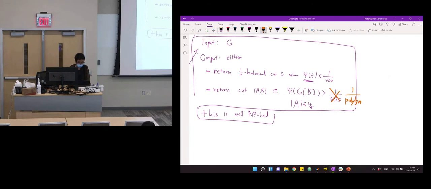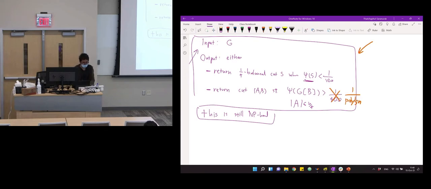Do you see that? Suppose that you are given this subroutine, then you are done. The reason is that as long as the algorithm returns the first case, you keep using that cut, but it's not going to happen more than log n times in the cut matching game.